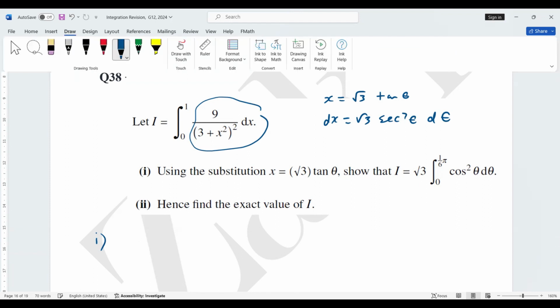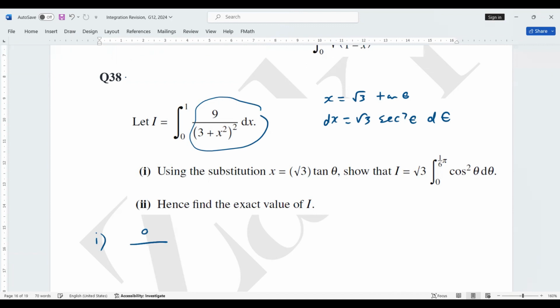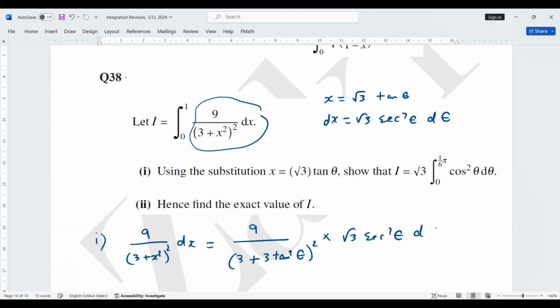Then we write 9 over 3 plus x squared, all squared, dx equals 9 over 3 plus radical 3 squared, which is 3 tan squared theta, all squared, multiplied by dx, which is radical 3 sec squared theta d theta. Now we need to simplify.